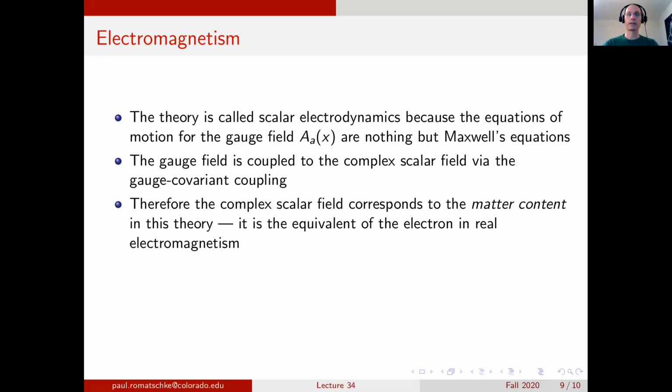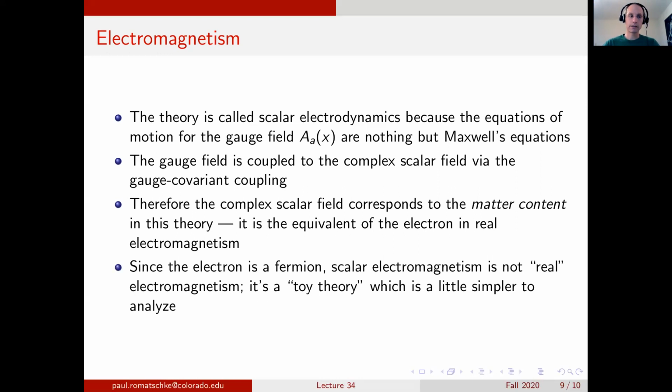And that means that the coupling of the gauge field to that other field, the scalar field, means that the complex scalar field corresponds to the so-called matter content of the theory. Simply put, the scalar field phi is equivalent to the electron field in real electromagnetism.